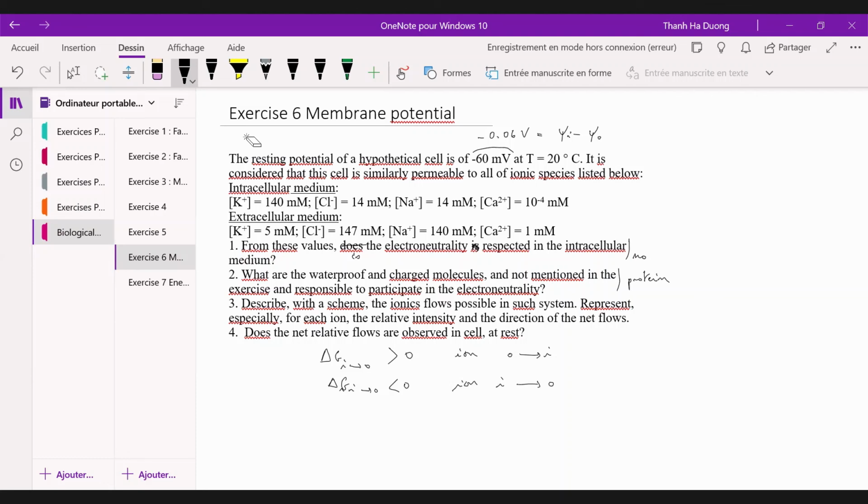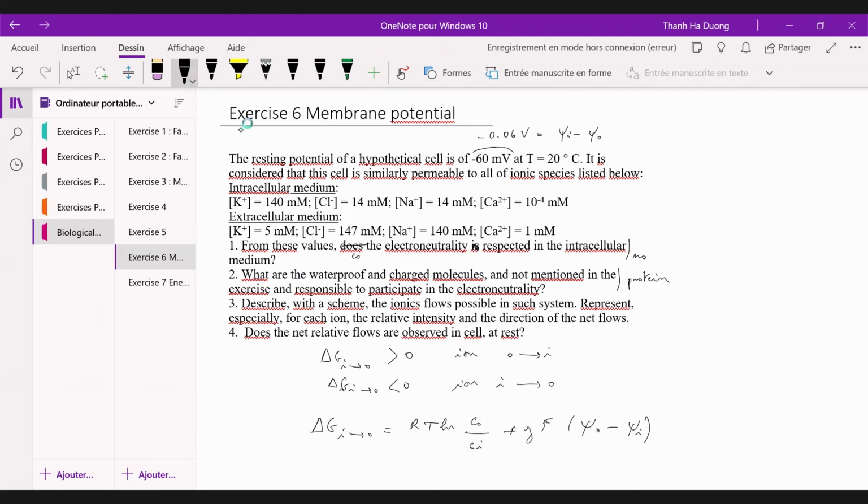And we use this equation, I'll give you, so RT, okay. Be careful, here it's phi inside minus phi outside, and in this equation it is the opposite, okay?